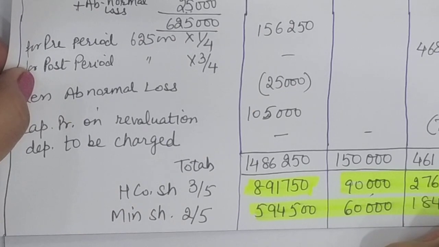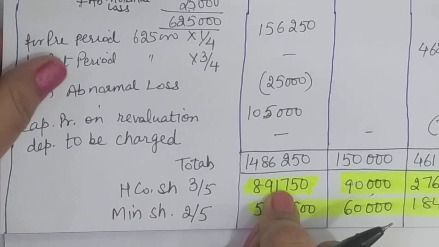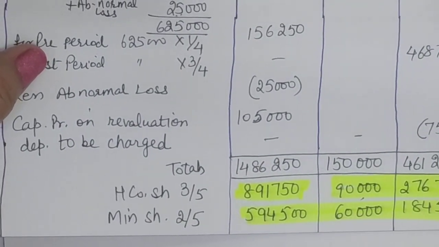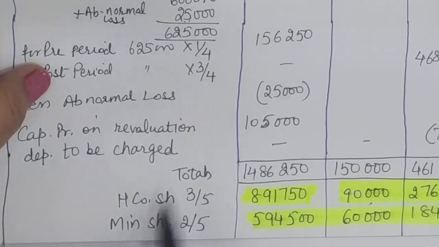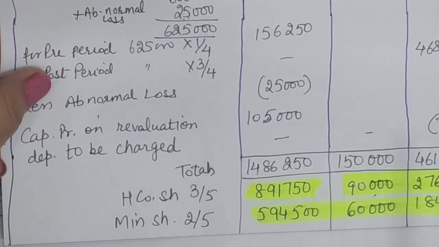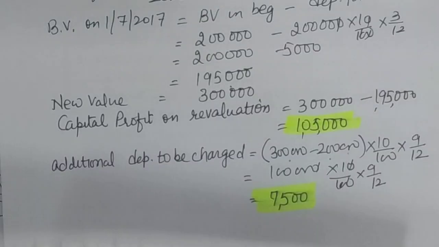Minorities here is combined together to get minorities interest. These two go in the balance sheet. This is for cost of control. This is all common for all the problems. Whether you have 1 adjustment, 2 adjustments, 10 adjustments, once we prepare this statement, everything becomes simple because everything falls at its place and we know where to take these figures. We have just to remember that.